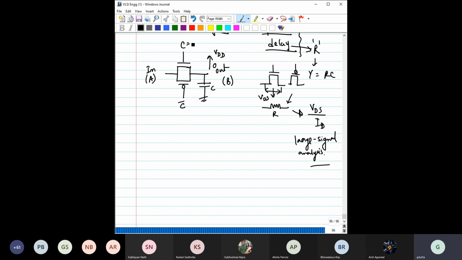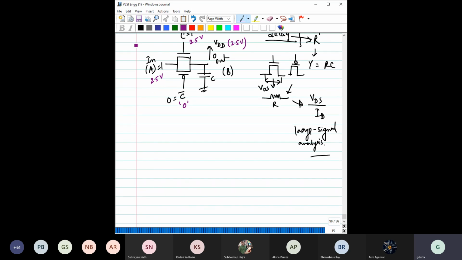So that we have given here C is equal to 1, and A is equal to 1 for that to charge. So obviously C bar has to be equal to 0. In terms of voltage, it is 2.5 volt, it is also 2.5 volt, and the output has to reach 2.5 volt from 0, and this is at 0 volt only.